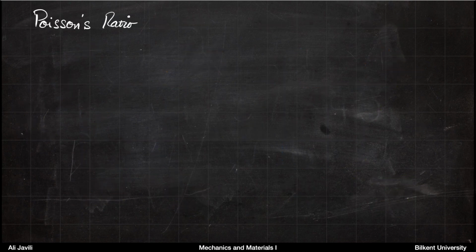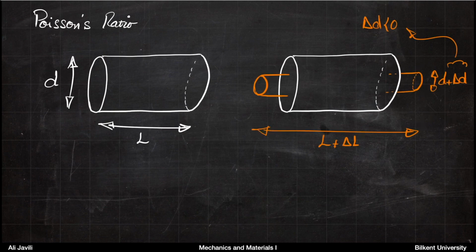The next topic we want to talk about is the so-called Poisson's ratio. Now, if you think of a bar that we had maybe in our experiment, and now I'm just talking about the elastic region. So forget the complexity of ductile materials and plasticity. I'm just talking about a simple elastic behavior.